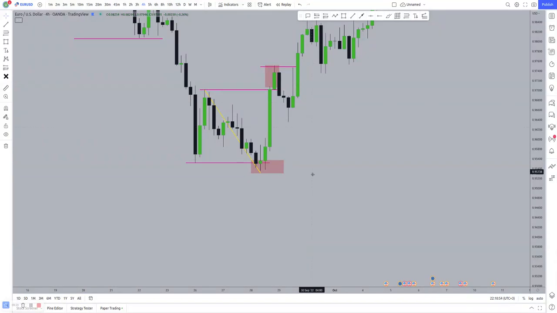So smart money or market makers, they don't make a plan to stop us out or stop end traders out from here. They have orders that they have to come and correct from here before they can take price up.